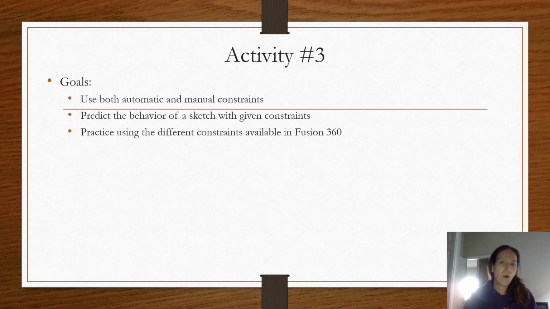Once you know how a sketch is constrained, what can you know about how that sketch is going to behave? And then practice using the different constraints available in Fusion 360. Those are the manual constraints. You don't just have to rely on Fusion to put these constraints on. You can manually put constraints on a sketch and tell Fusion, this is how I want this sketch to behave.